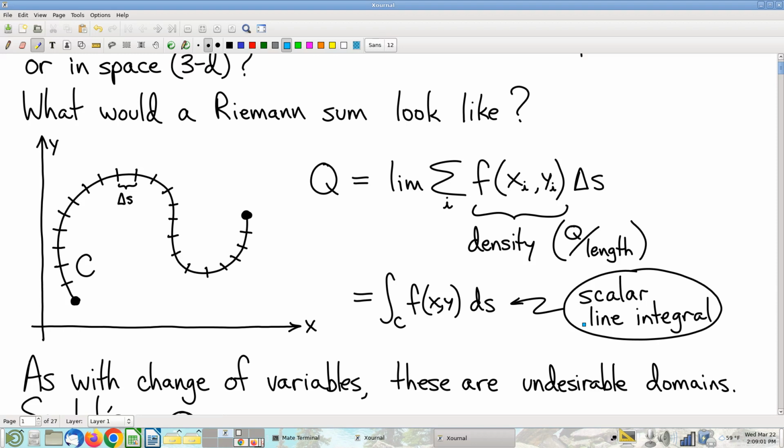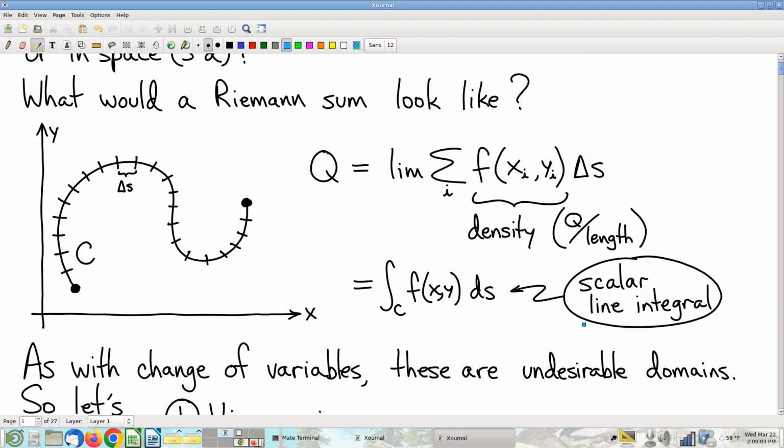Okay, scalar line integral. Now here's the bad news. This thing here, we don't know how to compute it. And we've been here before. The very first time we wrote down double integrals, we didn't really know how to compute those either. We had to get creative and make arguments about how iterated integrals ought to compute the same thing, and we made it work.